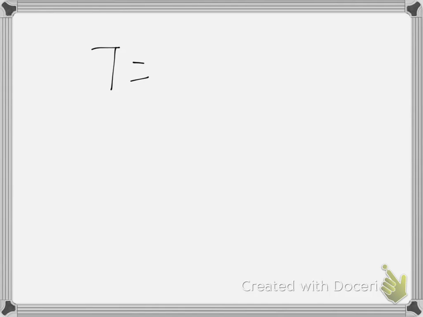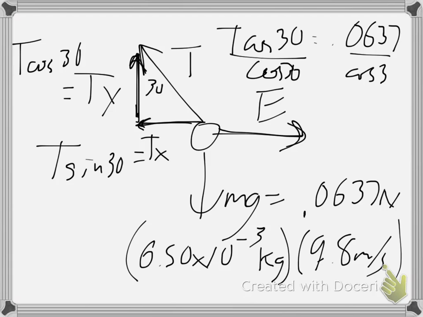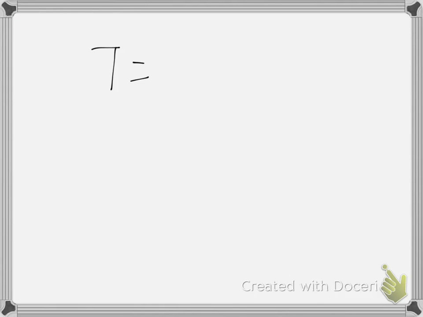So cosine 30 is 0.866. So we want to say 0.0637 divided by 0.866 is going to be 0.0736 newtons. Now that's my tension.